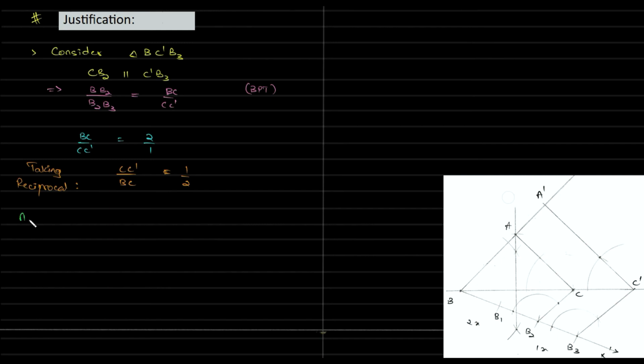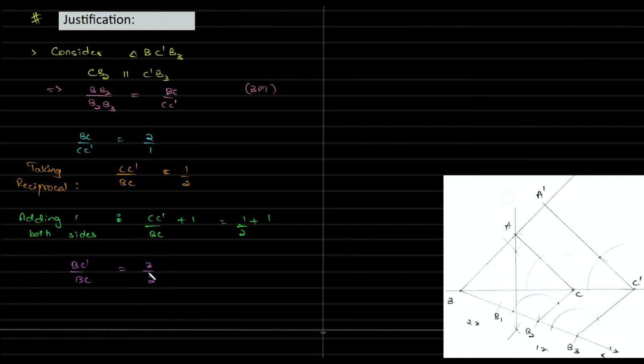Next step would be adding 1 to both sides. So we have CC dash divided by BC plus 1 will be equal to half plus 1, that is 3/2, right? So LCM over here will give us BC dash by BC is equal to 3/2.